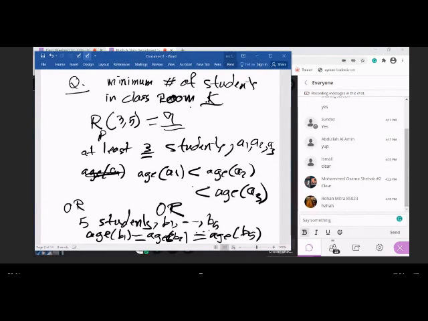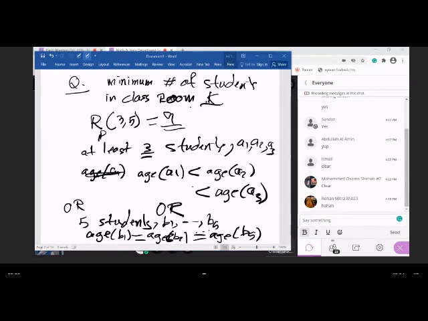I want at least 3 students where this is true, or 5 students where the second one is true. The minimum number of students should be 9. If you have 8 students, this statement could be wrong.